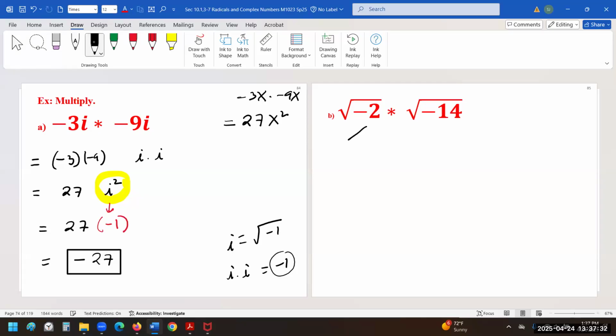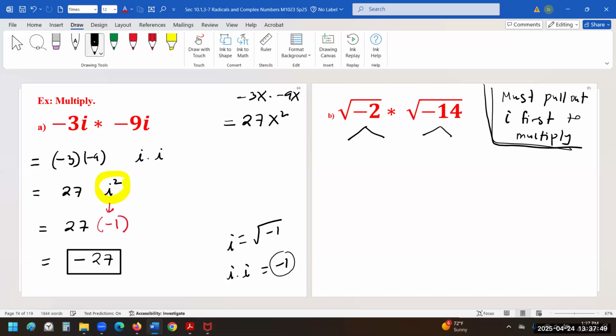Okay, so here you must pull out I first to multiply. Anytime you're trying to multiply imaginary numbers, always pull out the I, always.